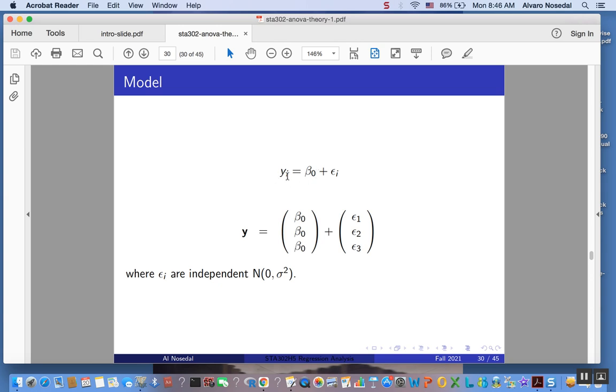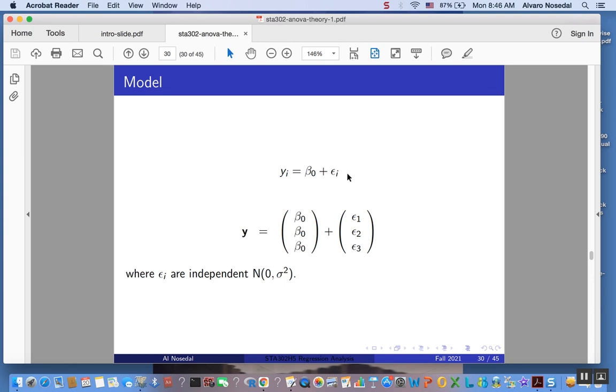And the variance of yi would be the variance of a constant, 0, plus the variance of epsilon i, sigma square. So we have what we assumed on the previous slide. The assumptions about the distribution of the y's and the distribution of the epsilons are equivalent.